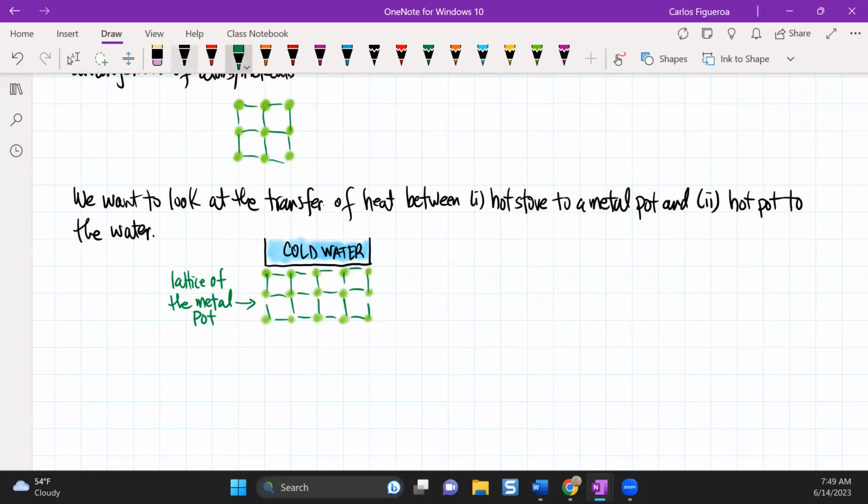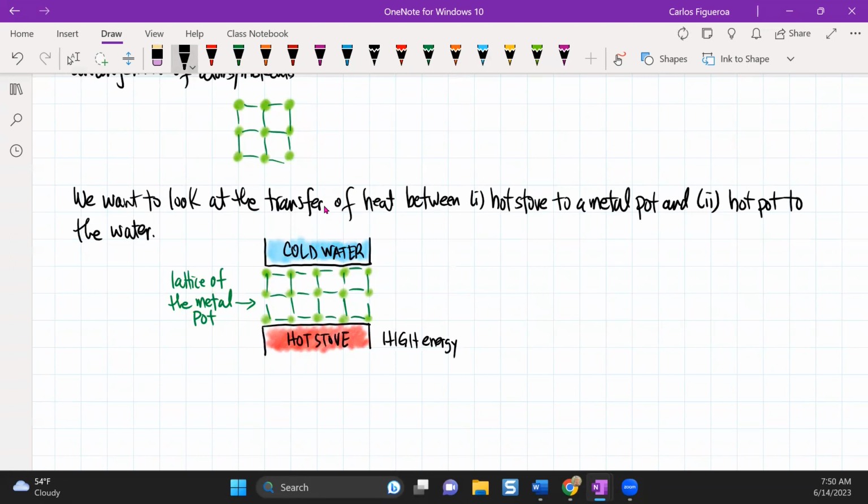So then next, I need my hot stove. So here's our hot stove. Now what happens here? The hot stove has high energy.